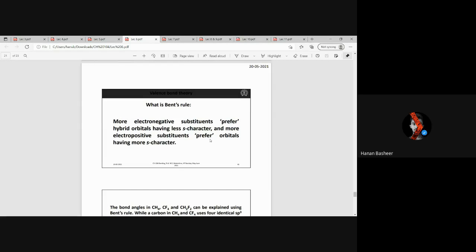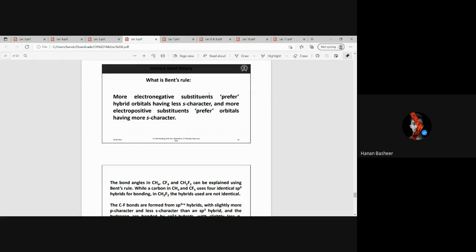The most electronegative atom prefers hybrid orbitals having less s character, and the more electropositive atom will have a preference for more s character. So, how do I keep it in mind? If it is preferring s character, then this electropositivity has to be kept in mind, whereas if it is electronegative, then it should prefer less s character.